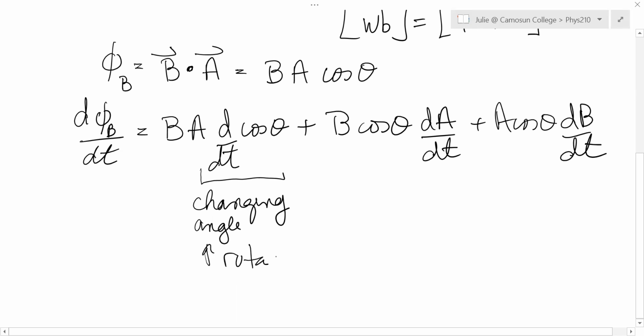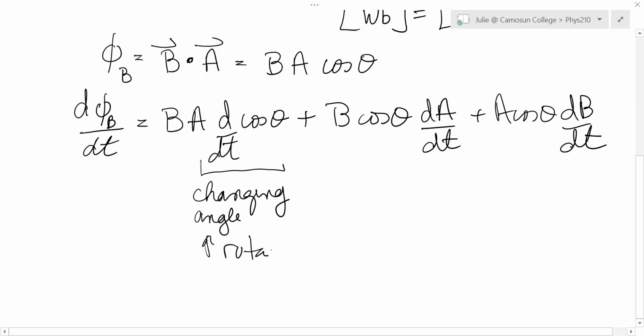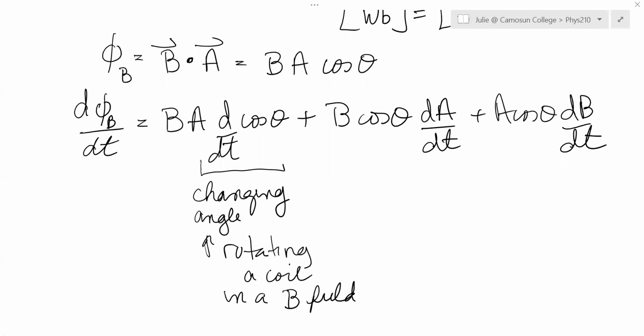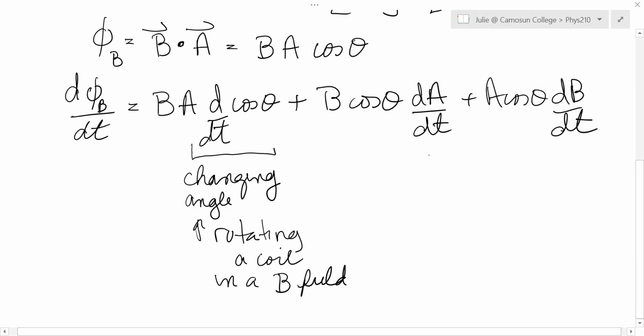And that's the principle behind generators and motors. So this is rotating a coil in a B field. The area of the coil stays constant, the magnetic field stays constant. If you twirl the loop, you're going to induce an EMF.